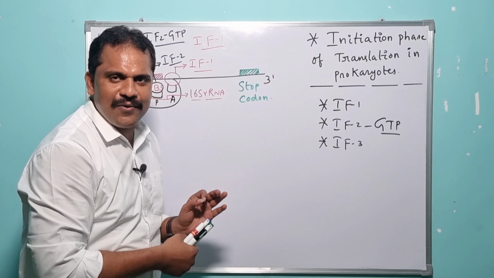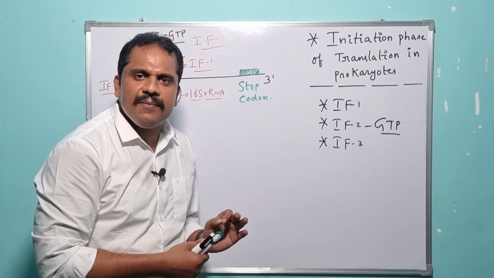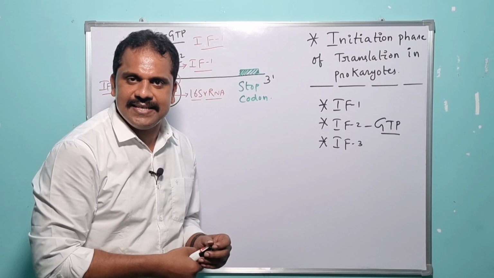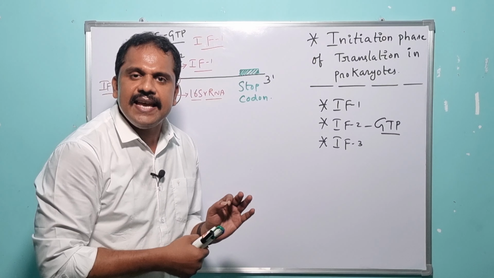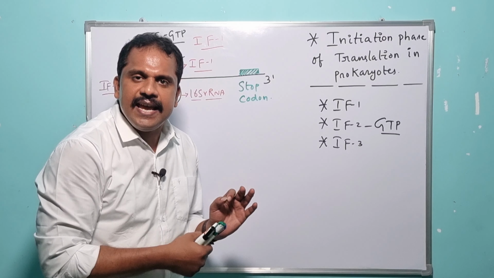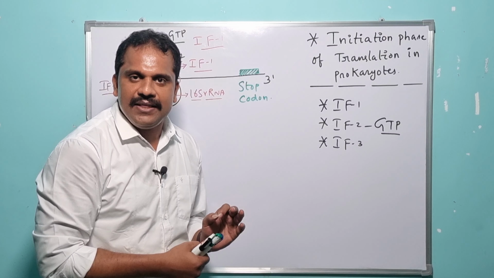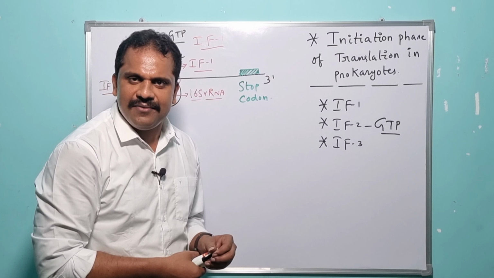In case of prokaryotes, the start codon, most commonly, is AUG. When the start codon is AUG, under such condition the initiating amino acid is neither methionine nor valine, but a modified form of methionine, which is nothing but formylated methionine. Is it okay for you?